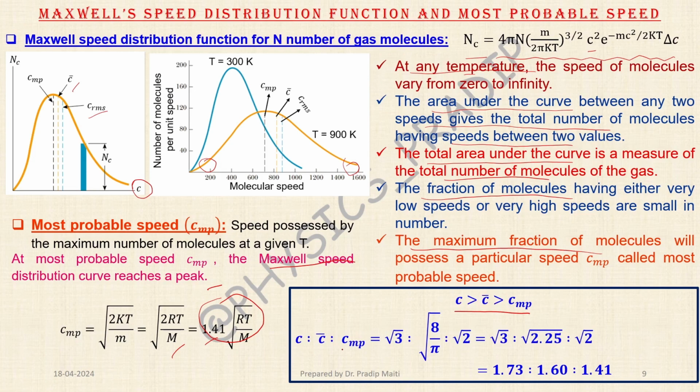So if we check the ratio, then C RMS is to C average is to C most probable will be 1.73 is to 1.6 is to 1.41. So remember these values, very important for your exam.